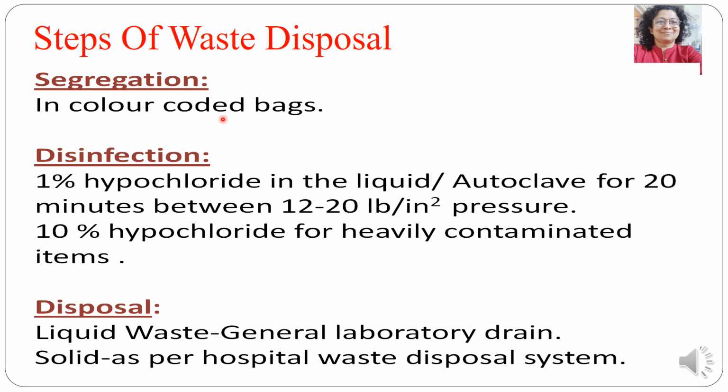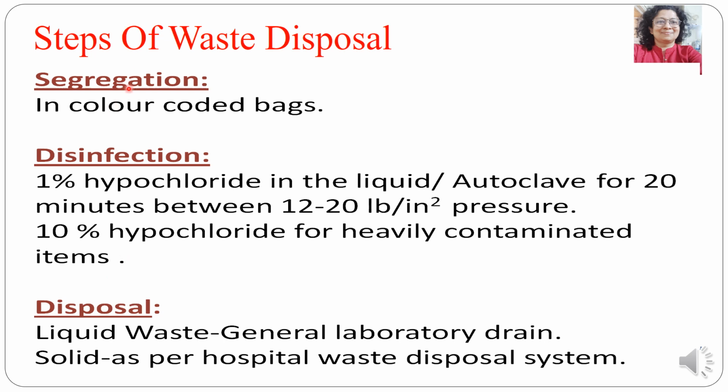After segregating the hospital waste into different categories, they are disinfected. Disinfection is done with 1% hypochlorite in liquid or by autoclaving for 20 minutes between 12 to 20 lb per inch square pressure, or with 10% hypochlorite for heavily contaminated items.